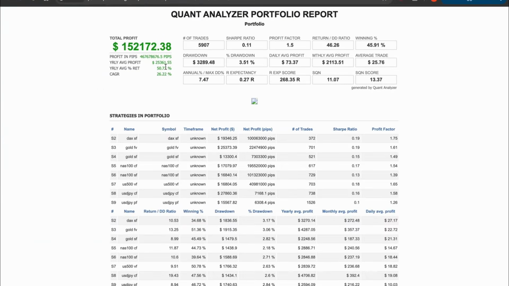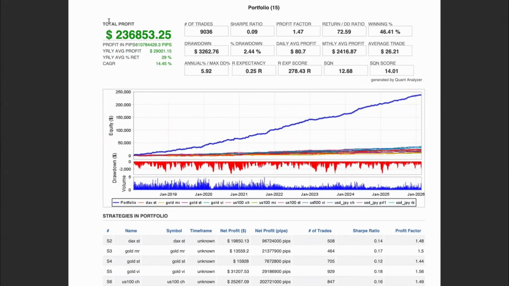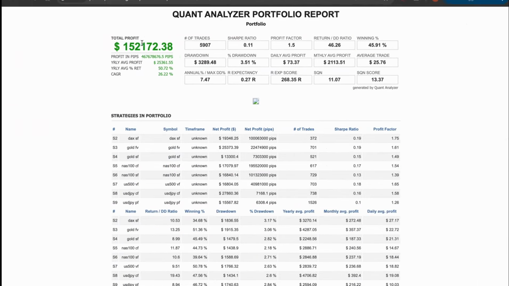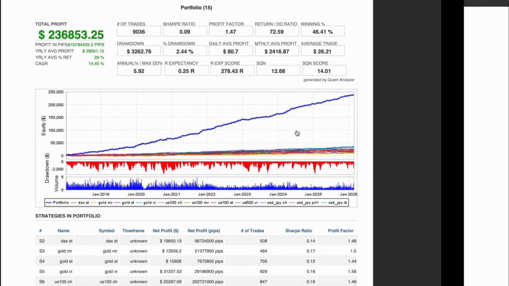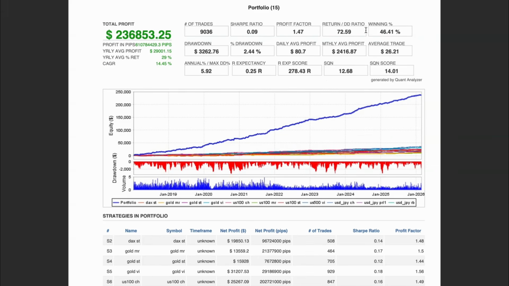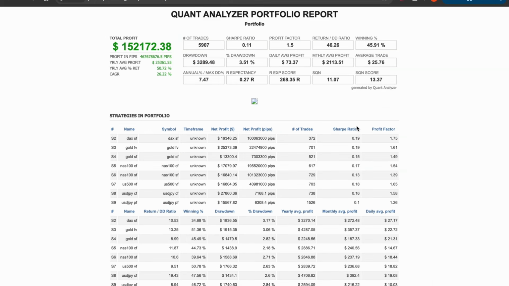You don't really have to care about how much total profit you're going to make. You just need to focus on the return on drawdown ratio. And basically, the main goal is reached, because I increased the return on drawdown ratio and kept my risk the same. That's the main goal: keeping the same return, even more in this case. So this is amazing stuff.